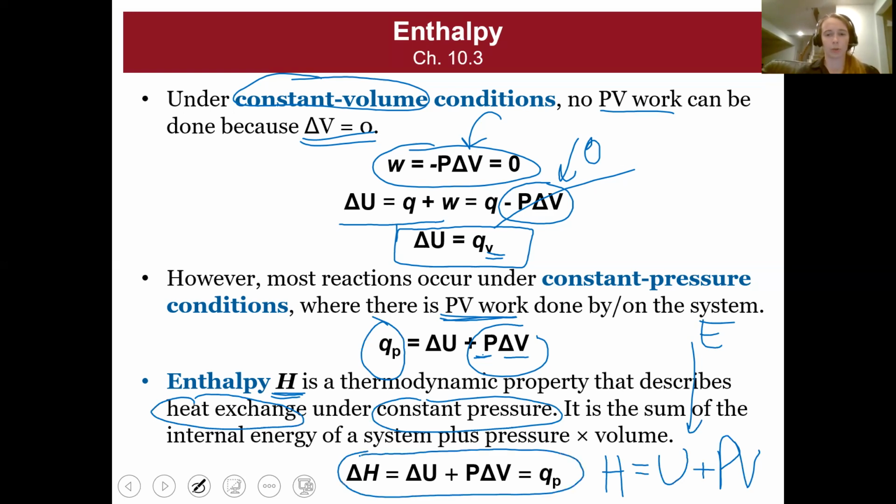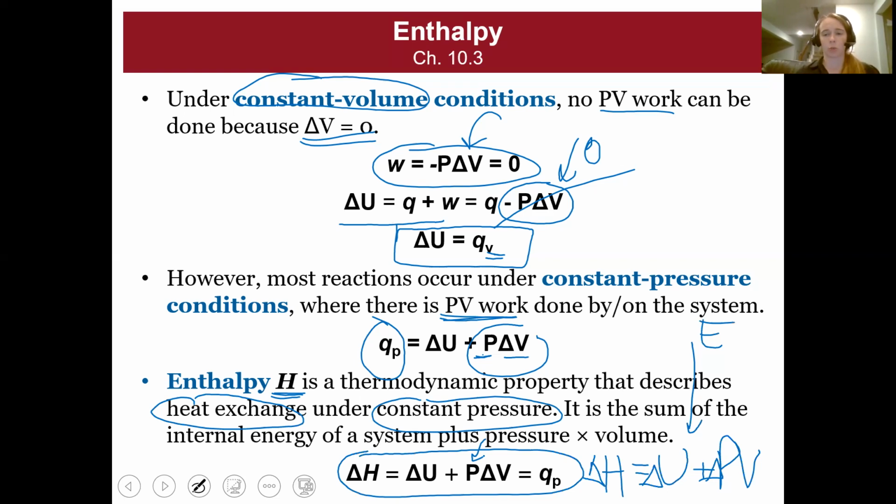For the change in enthalpy, we just put little deltas everywhere. So delta H is equal to delta U plus P delta V. You might wonder why there isn't a delta here, but that's because we're at constant pressure, so there is no change.